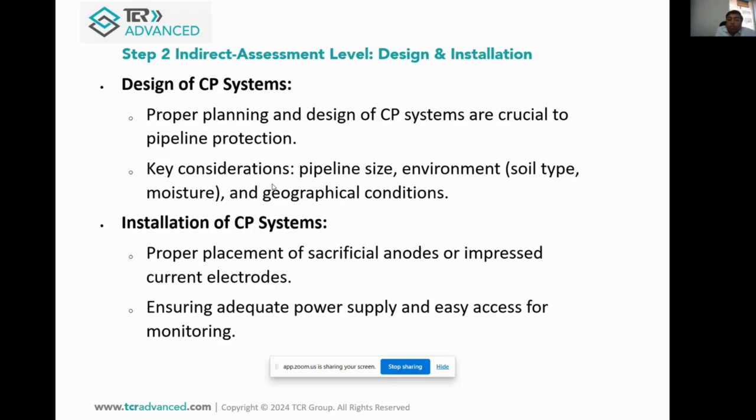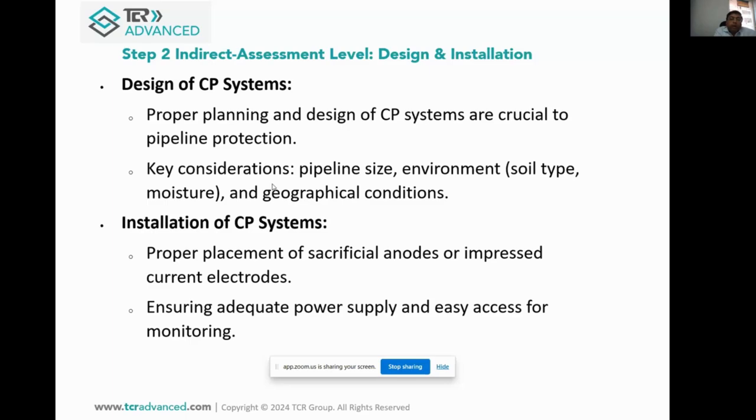Again, installation: proper placement of sacrificial anode or impressed current electrodes, ensuring adequate power supply and easy access for monitoring. The placement of anode is very much important. Imagine there are two pipelines and your anode bed is in the vicinity of another pipeline which you are not protecting.